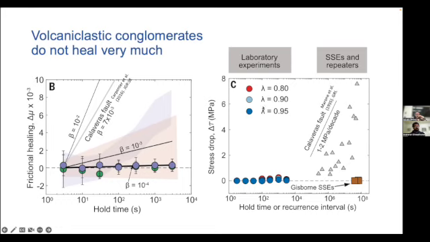So these are the different effective stresses or different pore pressure ratios that we used to convert this frictional healing into a stress drop. Just for your reference, I also plotted these brown squares, which are the average stress drops of the Gisborne Northern Hikurangi SSEs, and these gray triangles, which are stress drops from the Calaveras Fault repeaters, just to give you a sense for how drastically different SSE stress drops are relative to, let's say, ordinary dynamic ruptures. And so the frictional healing rates of these materials are also very consistent with this.